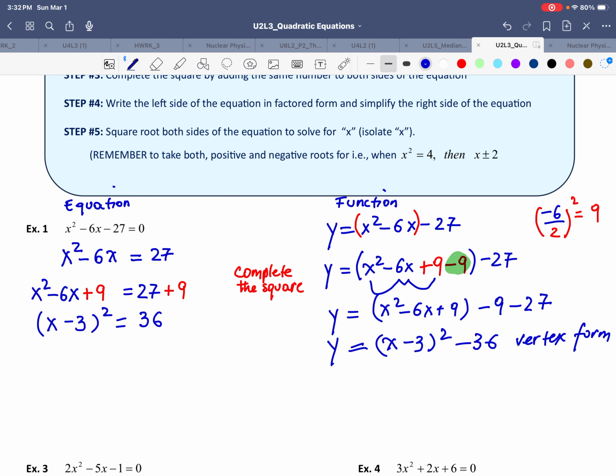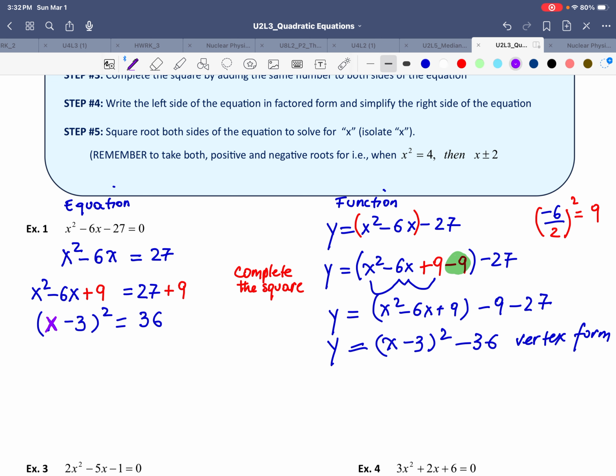So now this is when the process of solving the equation separates in a way from the process of completing the square in functions, because this is when we start solving the equation. We're going to say that we are trying to solve for x. This is what we're trying to isolate, but x is inside the brackets locked by this power.